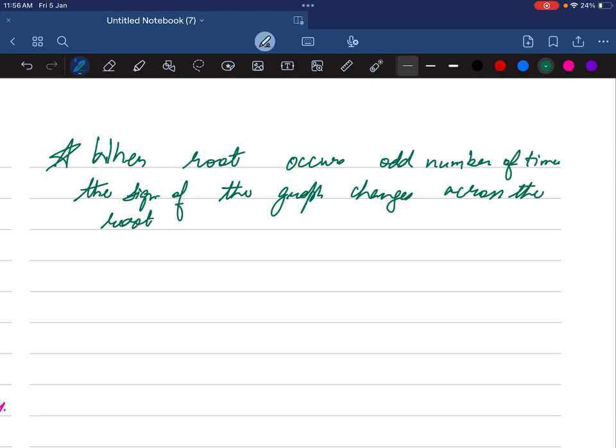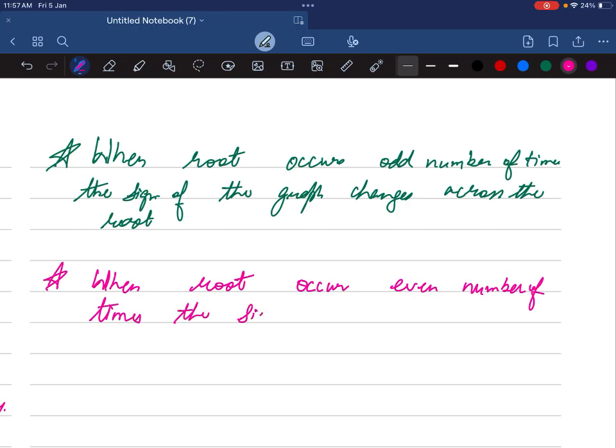And another thing we note from here is that when a root occurs an even number of times, then the sign of the graph remains the same across the root, right?